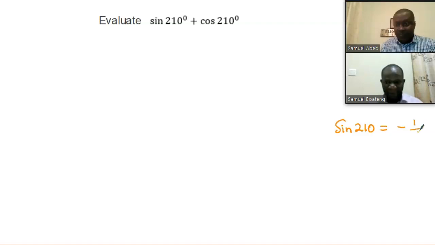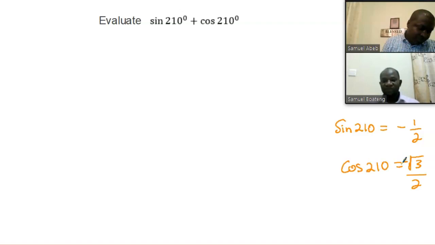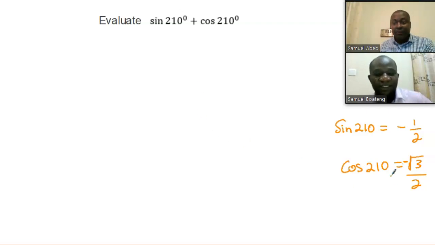Sine 210 is minus half. Now the minus indicates that 210 is in the third quadrant. So in the third quadrant, sine is negative. Cos 210 is also minus because it is found in the third quadrant. In the third quadrant, cosine is negative.